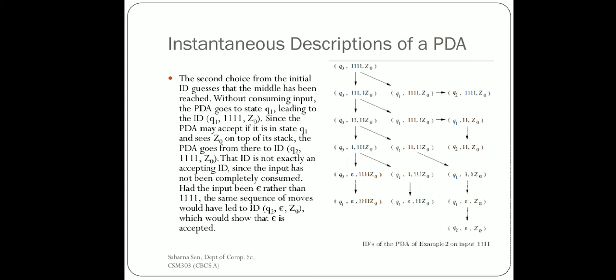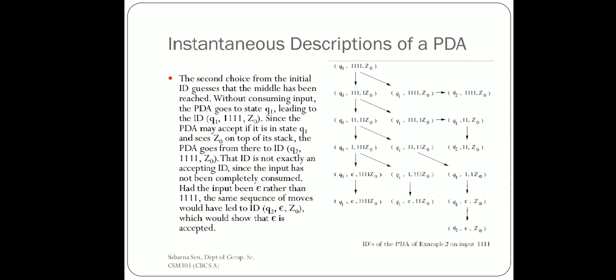It may make the guess, because if we have reached the bottom of the stack, the theory says we will just make the string accepted, so it will move to q2 only, right? q2 is the final state. That ID is not exactly an accepting ID, since the input has not been completely consumed. Here we have not consumed any input and just moved to the final state, so this is a wrong path, we will not go through it ultimately, right?